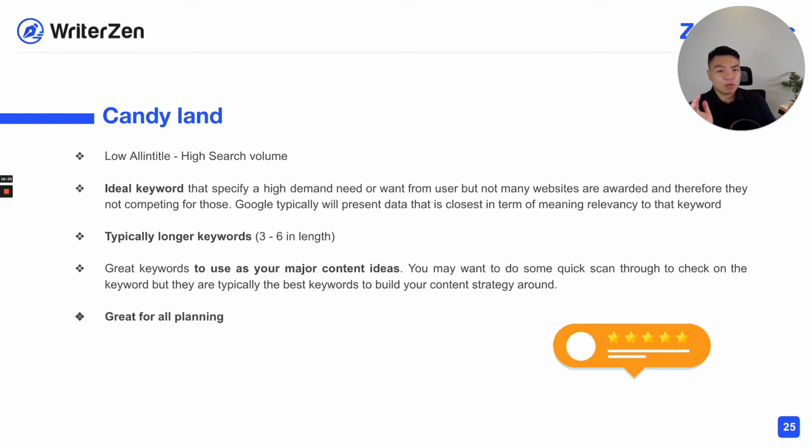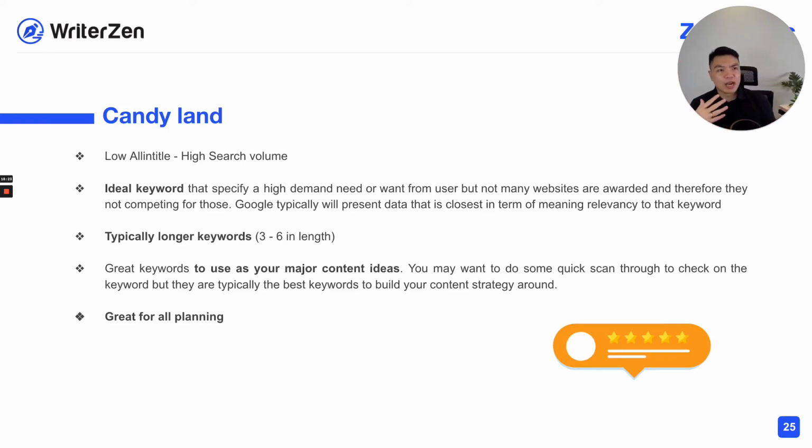Google typically will present data that is closest in meaning and relevancy to that word, right? But if you target this keyword, there's a higher chance for you to get that ranking and that organic growth, right? Because the competition over that keyword isn't too much.